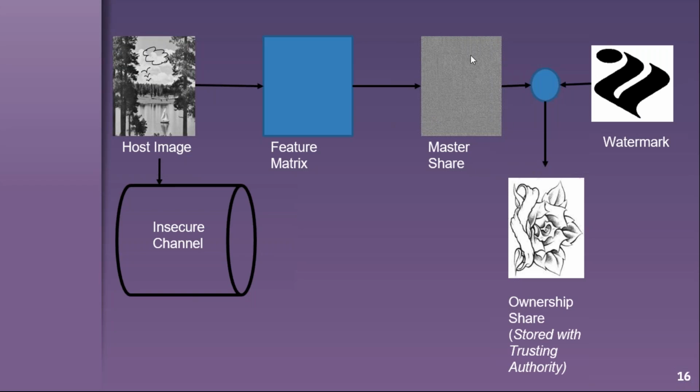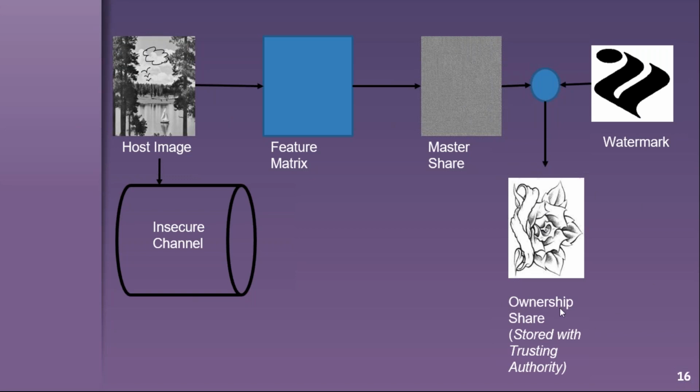Now, using the master share and the watermark, we create another image which is known as the ownership share, which is stored with the owner or some trusted authority, and then the host image is shared on the insecure channel. So we have not embedded the watermark inside the original host image, but we have just combined it with the master share and created one more key.